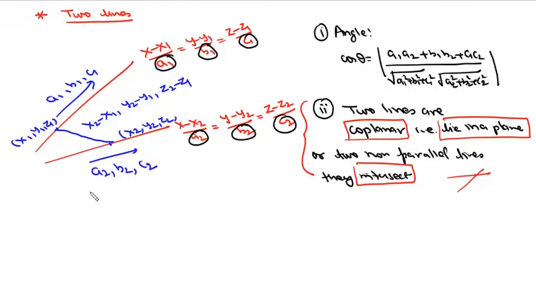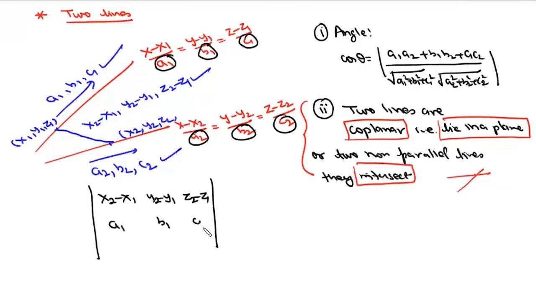So these two lines will be coplanar if these three sets of vectors are coplanar, and we know that three sets of vectors are coplanar if their box product is 0. That means value of this determinant which is formed by x2 minus x1, y2 minus y1, z2 minus z1, and then their direction ratios a1 b1 c1, a2 b2 c2, must be 0.